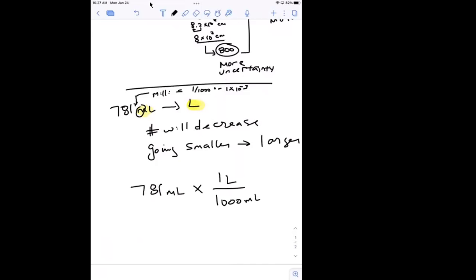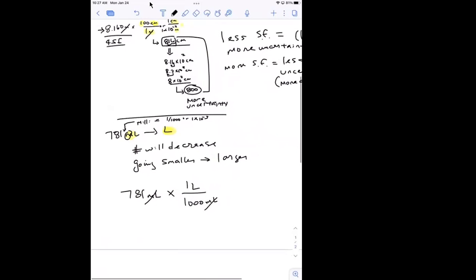So 1,000 milliliters is equal to 1 liter. So milliliters will cancel and I'm left with liters. Again, this is conversions, sig-figs, units, prefixes. We can always go back to the base units. And anytime you're converting between units, even if you have 2 units with prefixes, you can go unit, base, and then base to the next unit. Anytime you want to do that, all right, that makes it a much simpler operation.